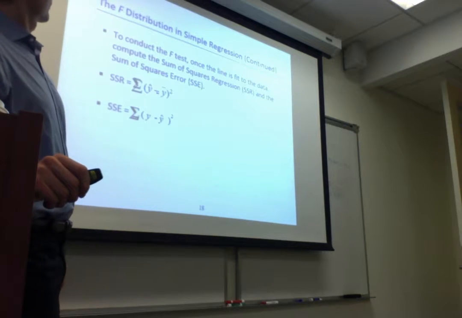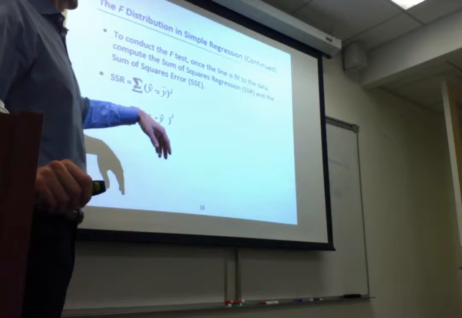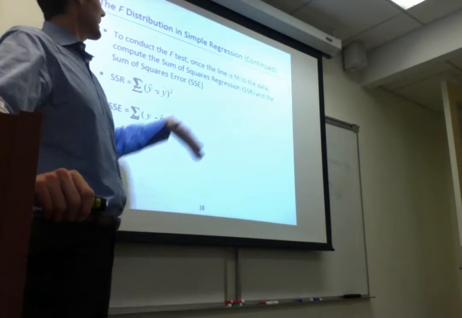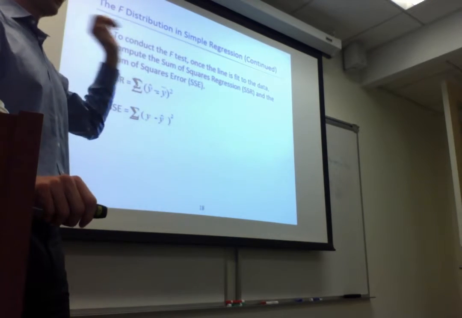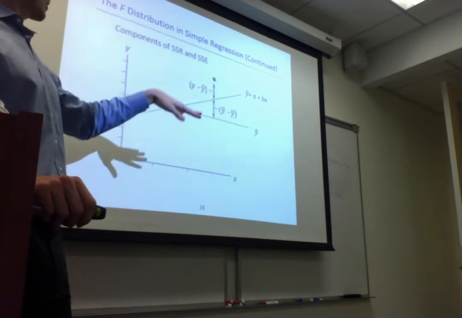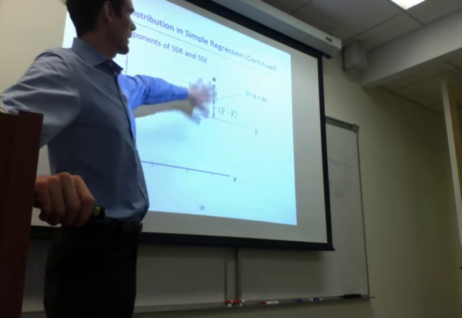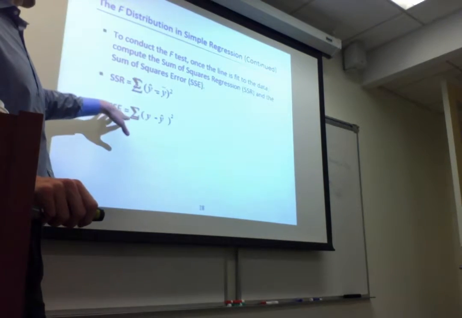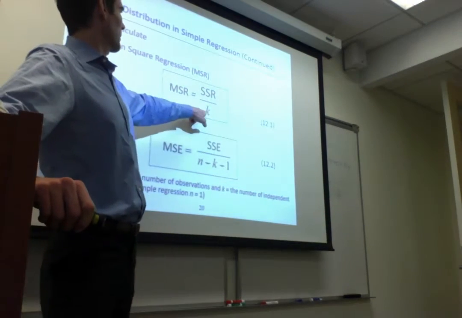So, how do we conduct the F test? Once we have the line of best fit, we compute the SSR and compute the SSE, and then we divide those by the appropriate number.